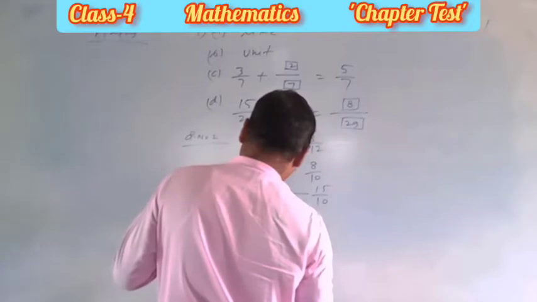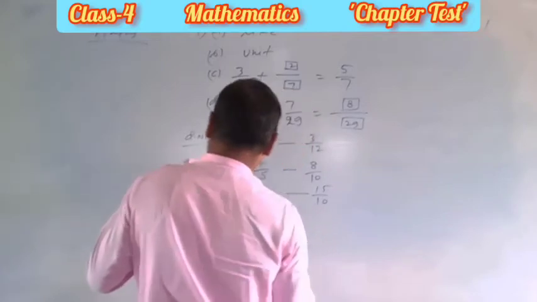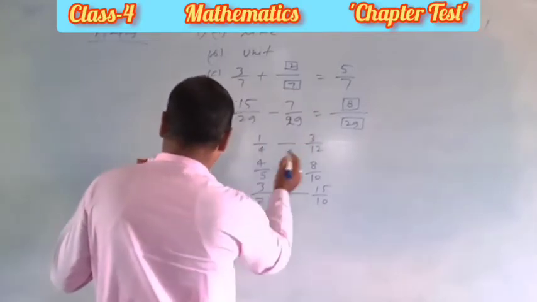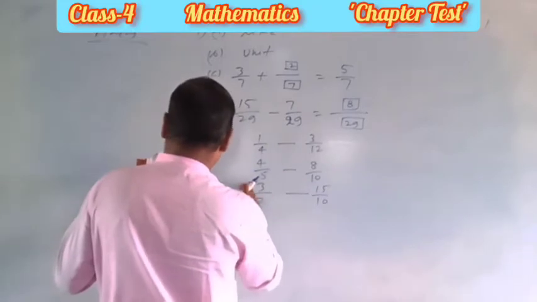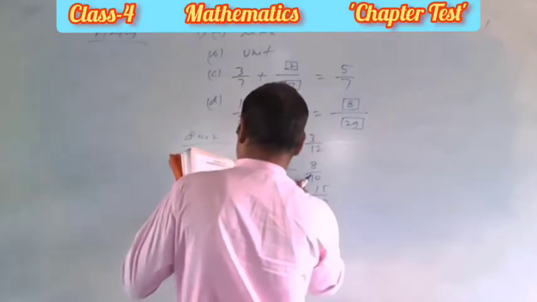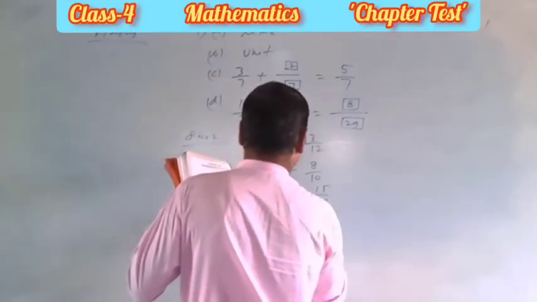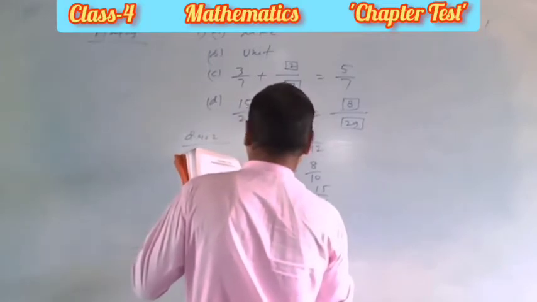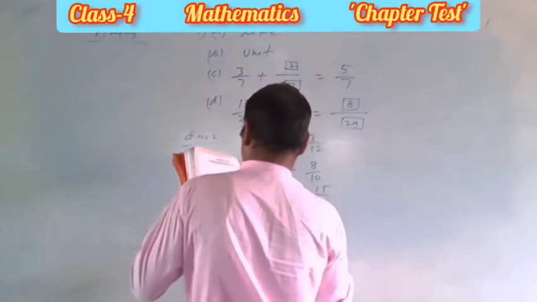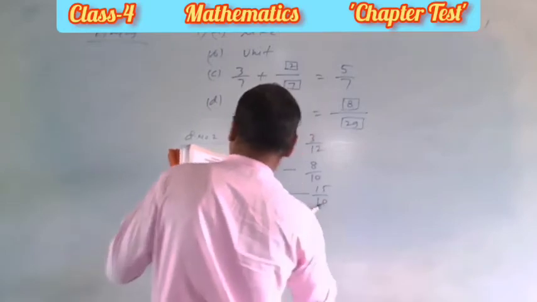The rest are 1 by 4, 3 by 12, 4 by 5, 8 by 10, 3 by 2, 15 by 10, and the rest 2 by 3.